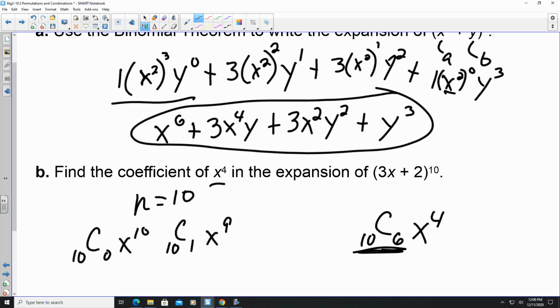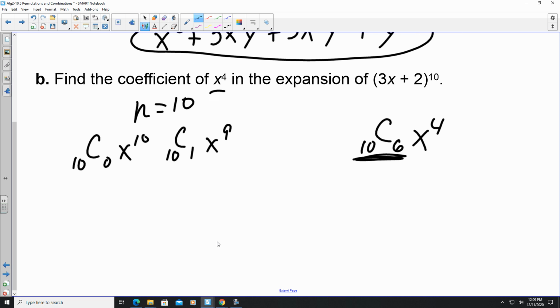So now I'm just going to use that combination formula, which is 10 factorial divided by 4 factorial, which is the difference of 10 and 6, times 6 factorial.